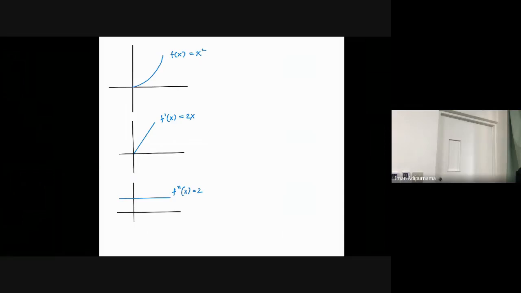In physics, the easy way to make a visual approach with this is with position. This is position, this will be the velocity, and this will be your acceleration.